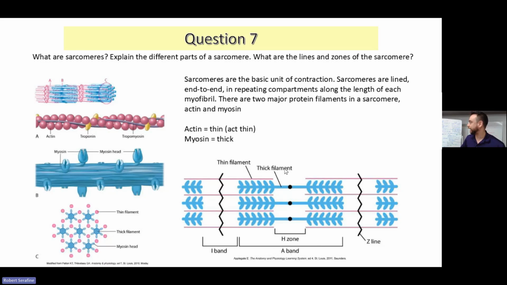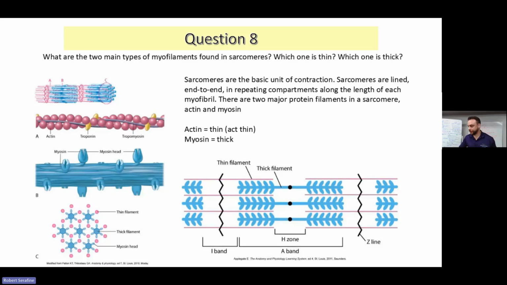More specifically, this H zone, as I like to call it, the heavy zone, because we have the thicker protein filament, myosin, in that central region, which is going to then reach out towards those Z lines where the actin is.